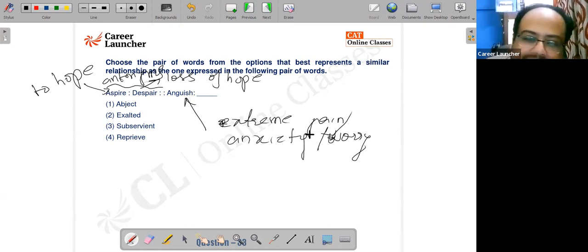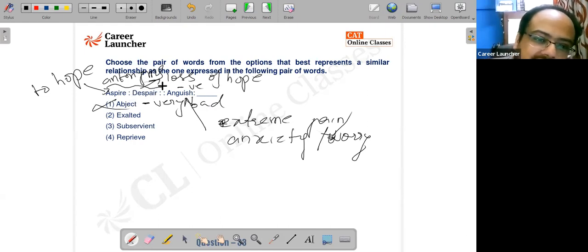Now, if we have a look at the other options, abject means something that is very bad. So abject is also a negative word. This cannot be the answer because we are looking for the antonym, the opposite. So abject cannot be the answer.